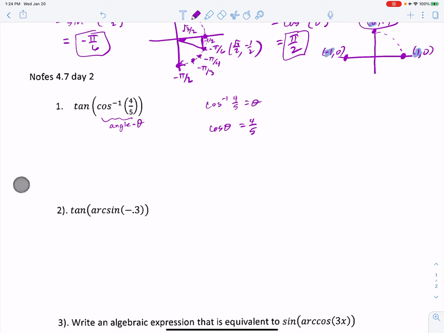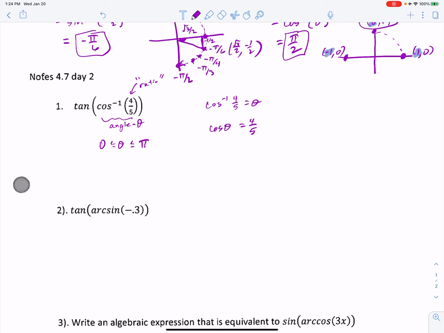And so this is an angle, not just any angle, it has to be an angle between 0 and pi because of the restrictions on inverse cosine. And so this in here is really the ratio of sides of the triangle, and it's positive.